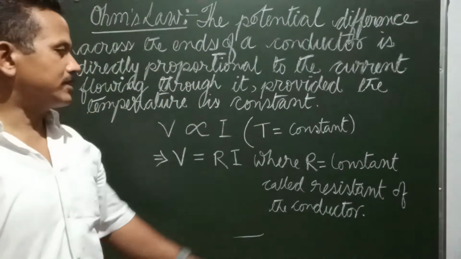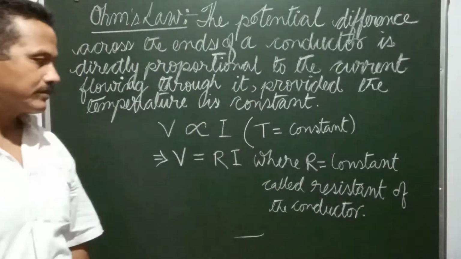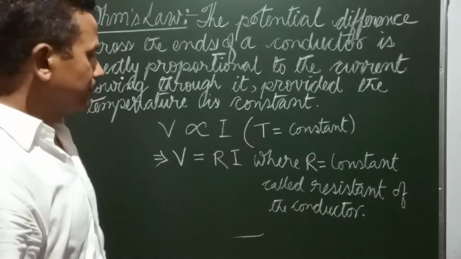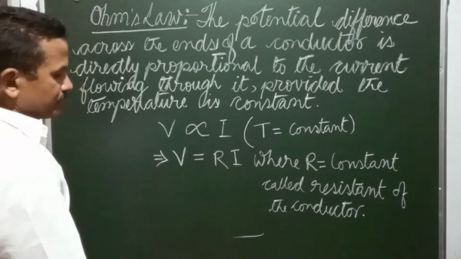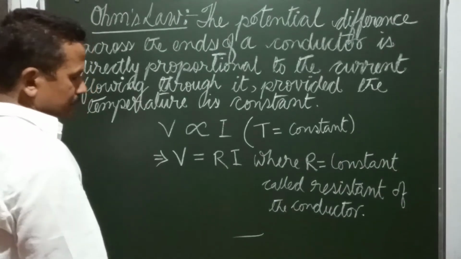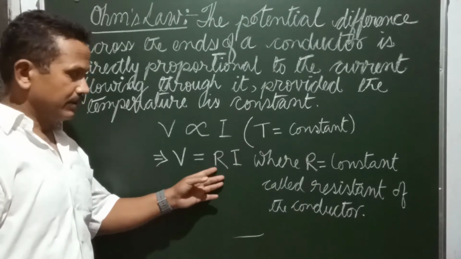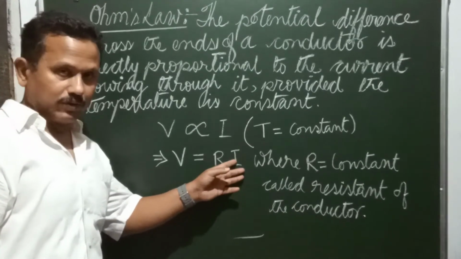This R is the resistance of the conductor. Now I shall come to resistance of the conductor later, but here we have to see what it comes up. That means your potential difference is equal to the multiplication of resistance of the conductor and the current flowing through it.